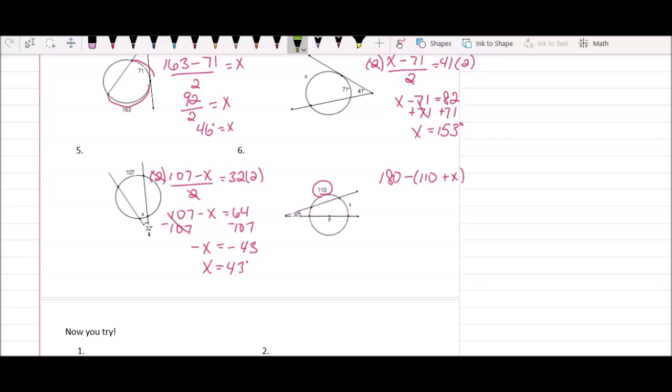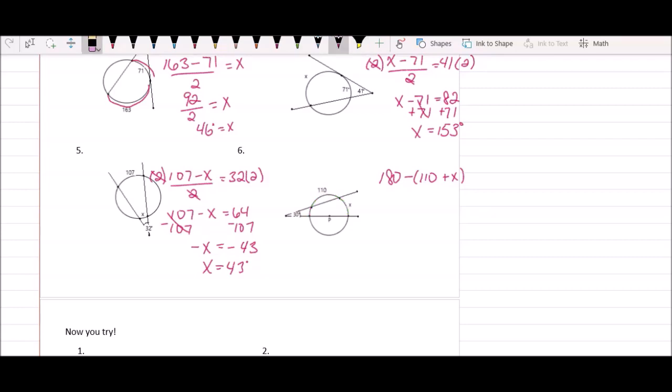So let me explain that again. 110 is this portion, and x is this portion. And if we subtract that part from 180, it will leave us with this inner arc that we need.